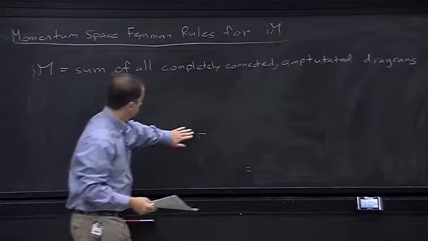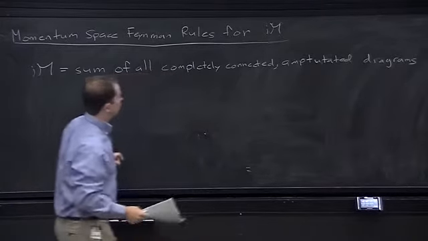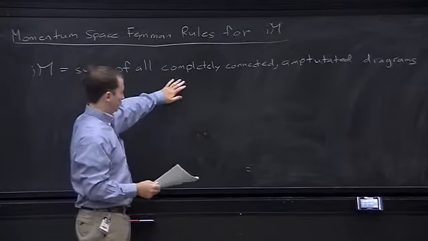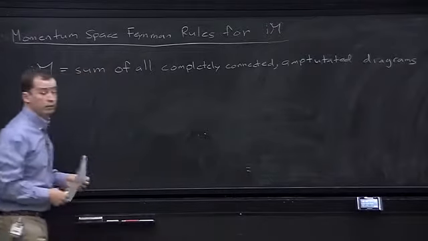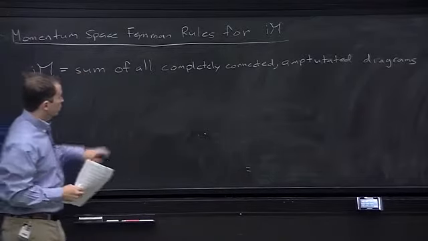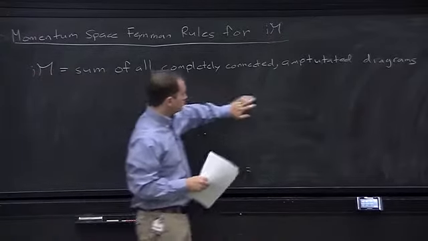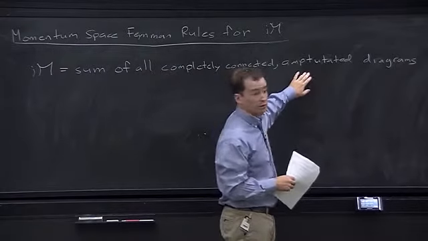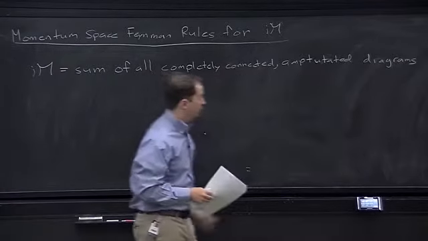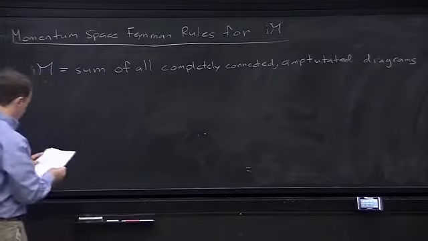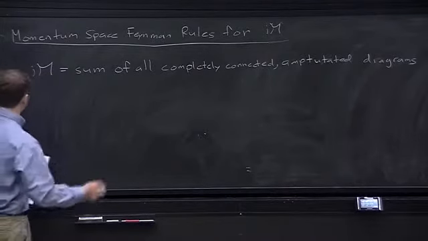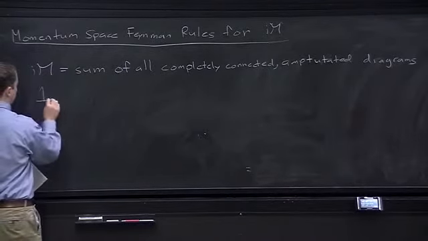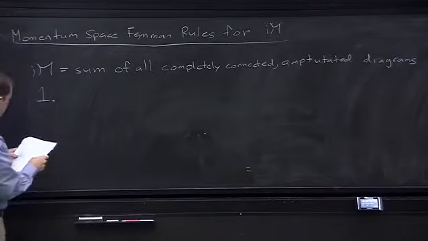They have to be completely connected so that they correspond to n-to-m scattering, and amputated so that we consider the correct initial and final states. And now let's see if we can write down the Feynman rules for this.